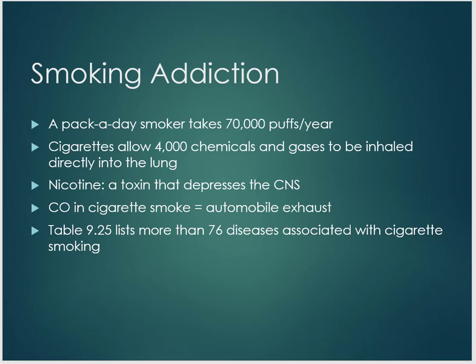We know that nicotine can be a toxin that depresses the CNS, and that the CO2 in cigarette smoke can equal an automobile's exhaust fumes that come out of the car. On page 420, there's this table 9.25 that talks about diseases that can be associated with cigarette smoking, and so it's important to review those. We know lots of things, though, such as cardiovascular.